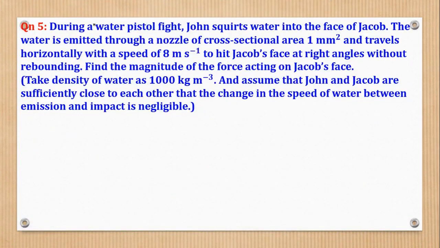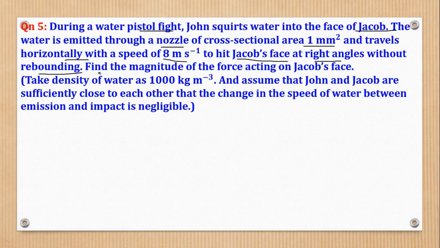Question 5 says, during a water pistol fight, John squirts water into the face of Jacob. The water is emitted through a nozzle of cross-section area 1 millimeter squared and travels horizontally with a speed of 8 meters per second to hit Jacob's face at right angles without rebounding.